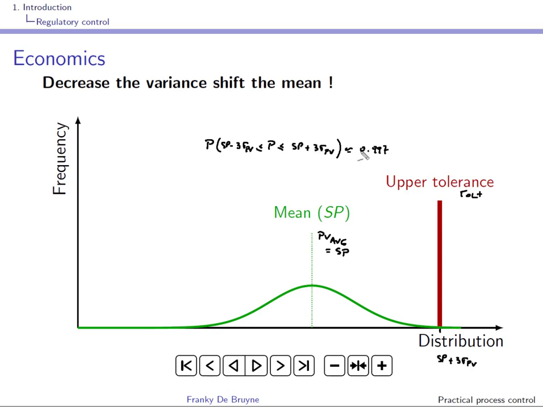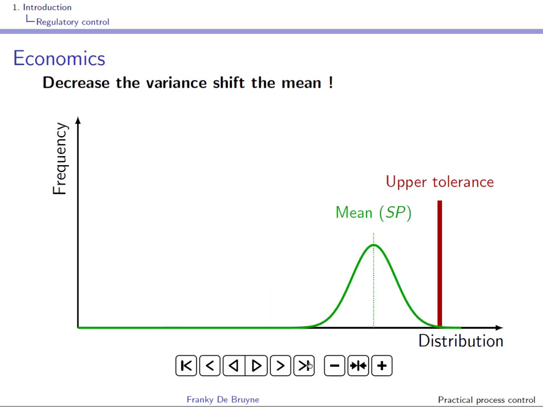So you have a probability that is very near to 100% that your actual PV will stay below the upper tolerance. And by decreasing the standard deviation, you can increase the set point, you can shift the mean.